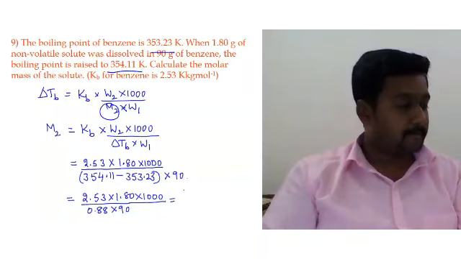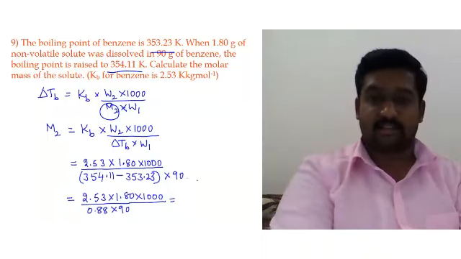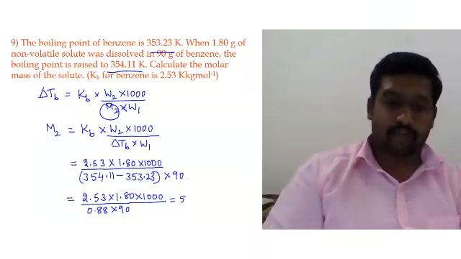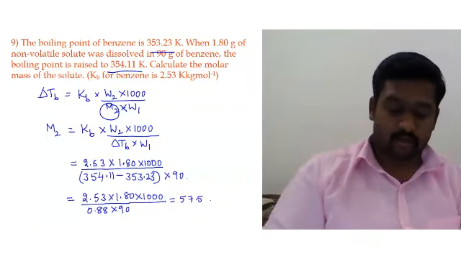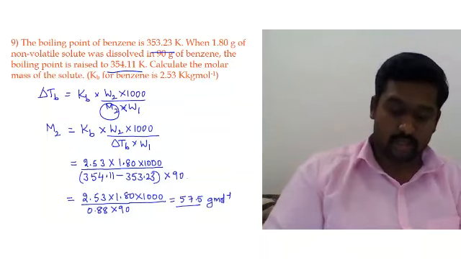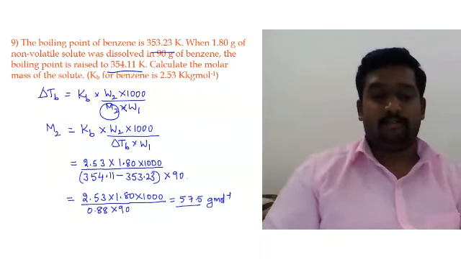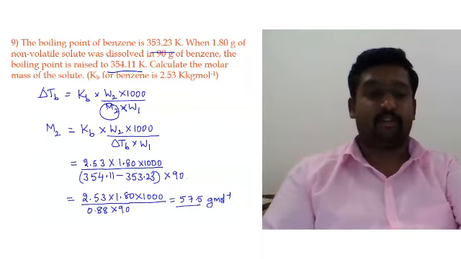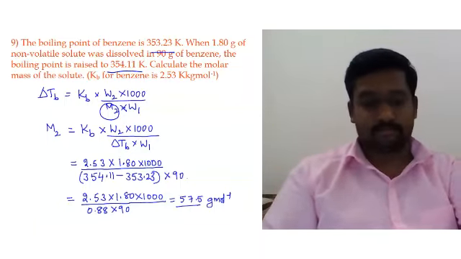And the value for this question is 57.5, and the unit gram per mole. This is the molecular mass. 57.5 gram per mole will be the answer for this question.